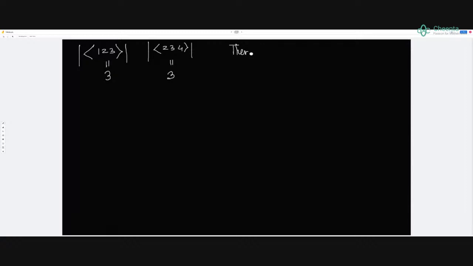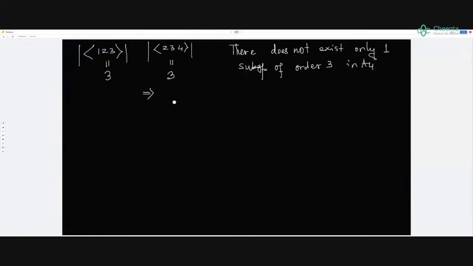Hence there does not exist only one subgroup of order 3 in A4.